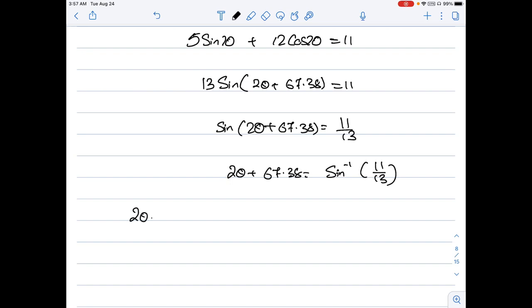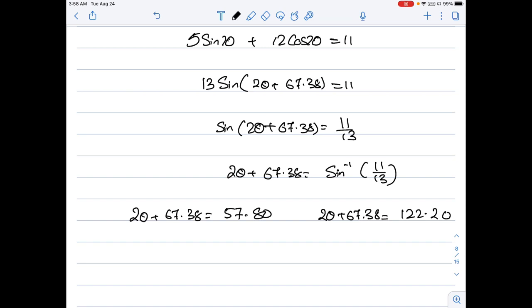So 2 theta plus 67.38 is equal to 57.80, or another value, 2 theta plus 67.38 is equal to 122.20. So these are the two values that I'm going to take.